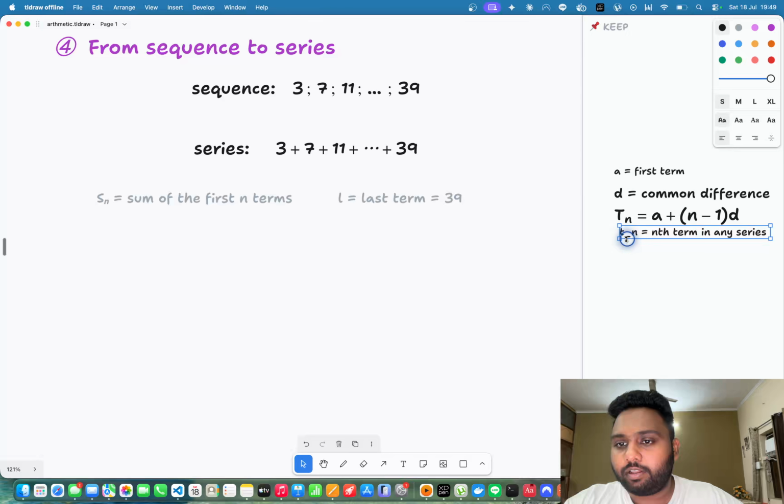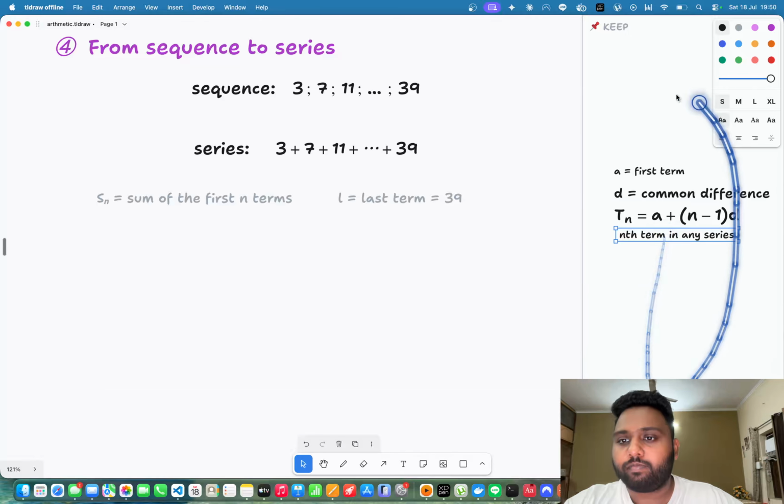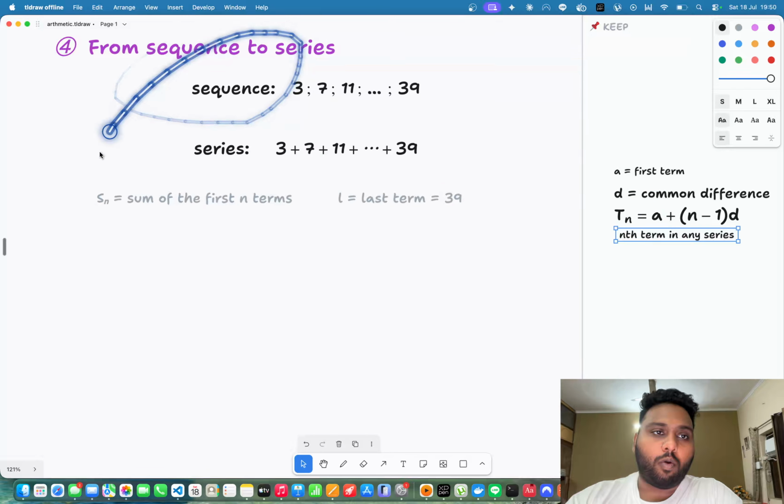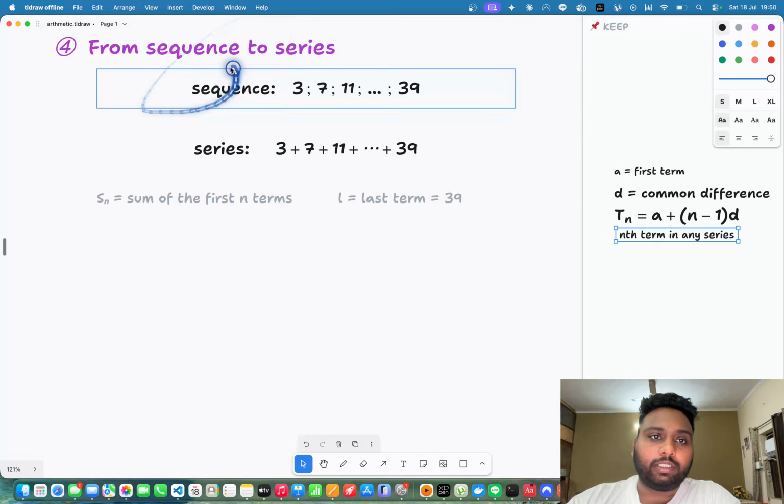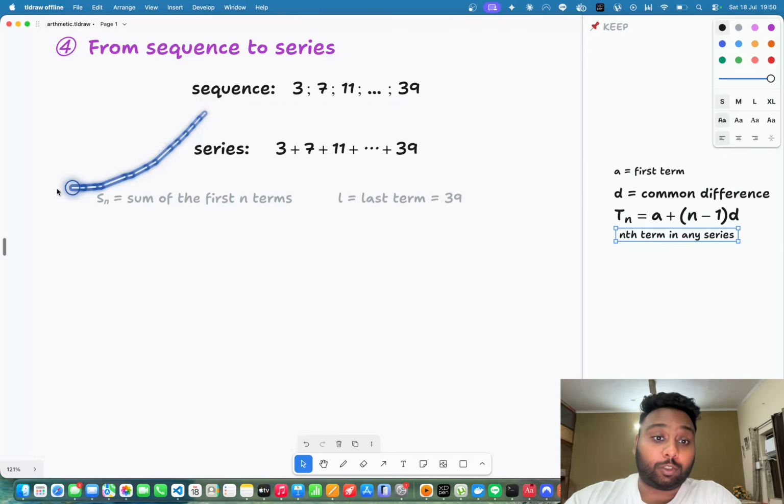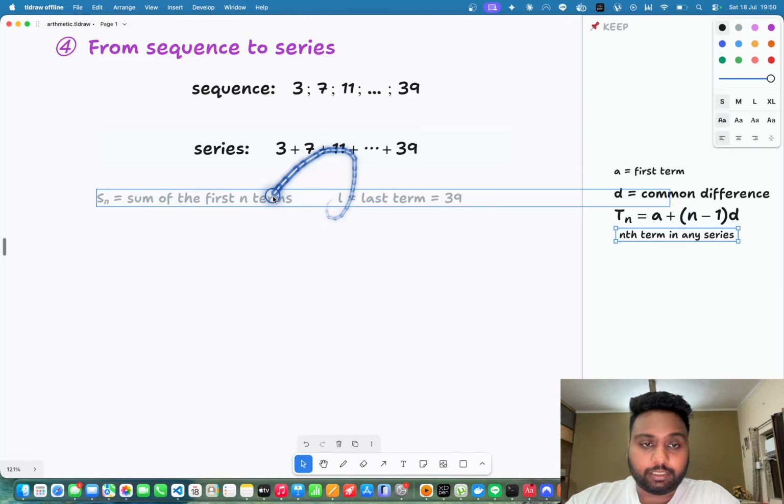Tn is the nth term in any series, right? Now, as we talk about series, moving on from sequence, we will talk about what S of n and what L represents.